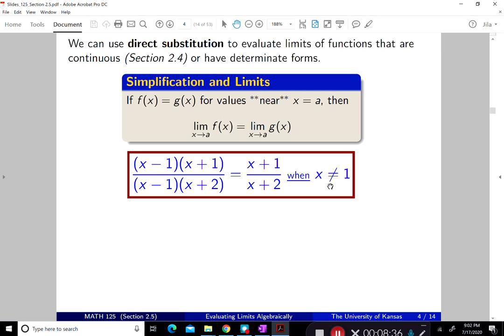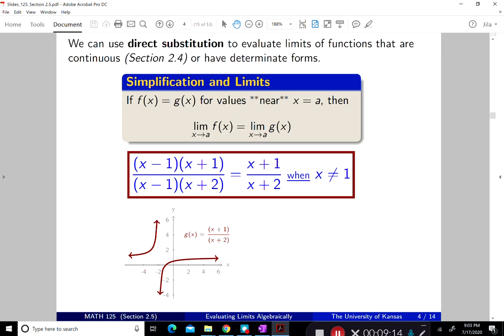If we don't have that x not equal to 1, then a simple evaluation will tell you that the right hand expression has a value at x equal to 1. The left hand expression does not have a value at 1. So this is an example where I can do this simplification and find the limits for this expression everywhere.